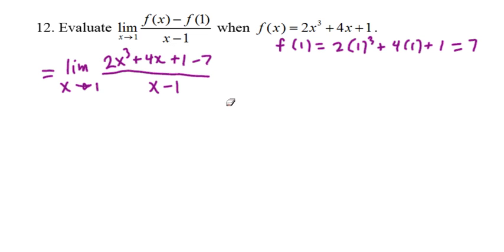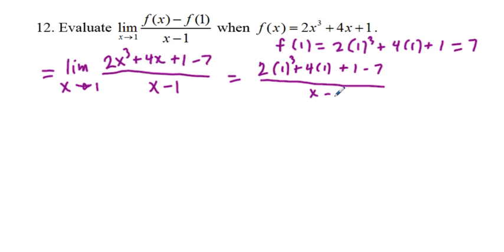And so if we plug in 1, we're going to get 2 times 1 cubed plus 4 times 1 plus 1 minus 7 over x minus 1. So in the denominator, 1 minus 1.